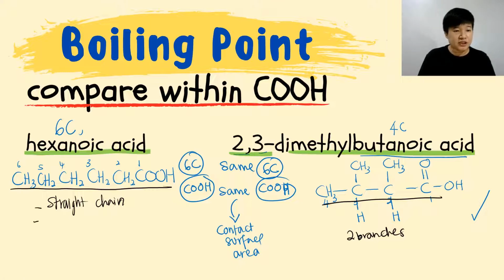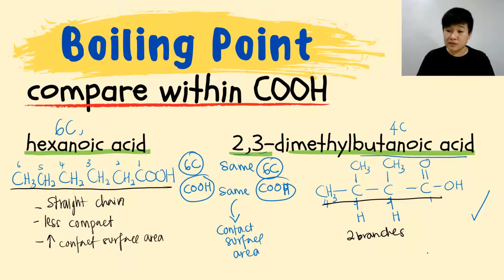Your straight chain structure will be a less compact molecule, and therefore you will have a higher contact surface area. Vice versa, when you have branches, your structure will be more compact and smaller. Therefore, lower contact surface area.